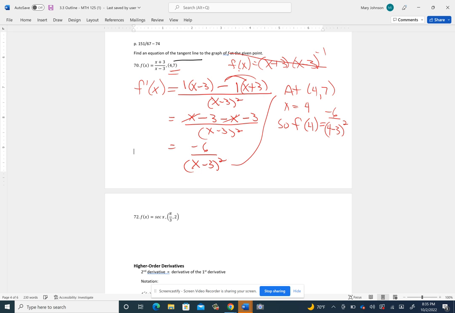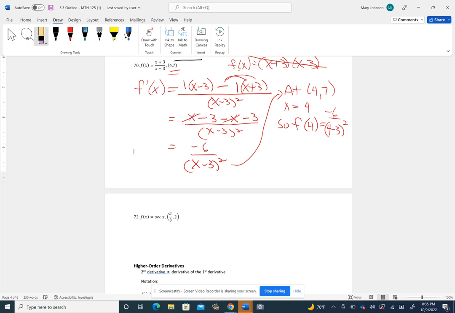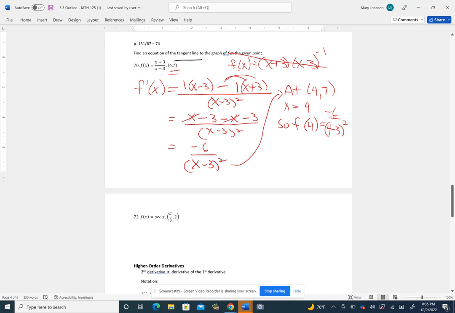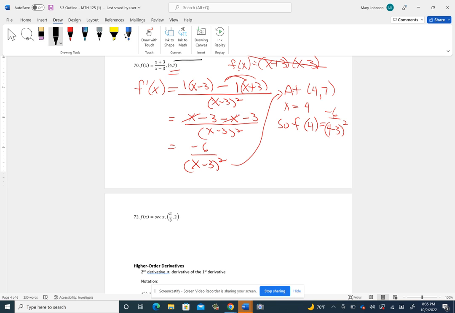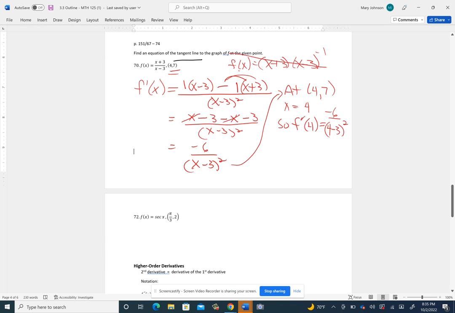Let me make that clear, that's really the prime symbol right there, so it's still a derivative. I'm plugging 4 into f prime, and I'm getting -6 over 1 squared, and that would just be -6.